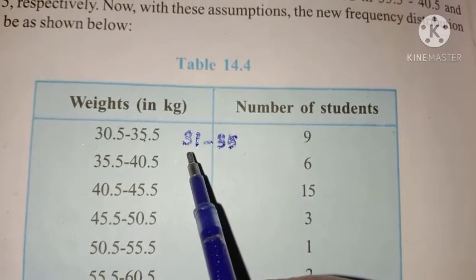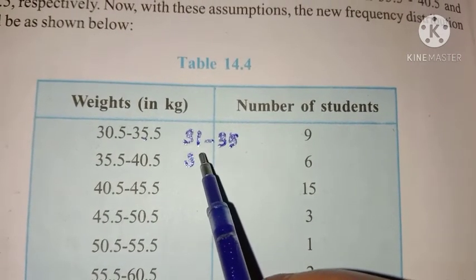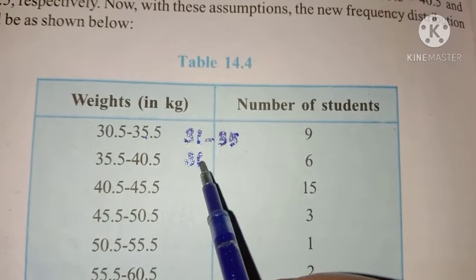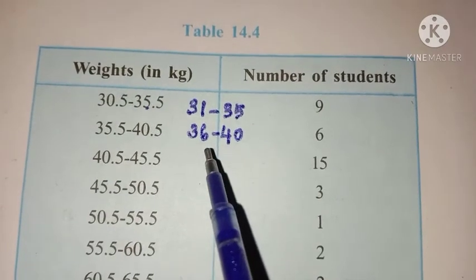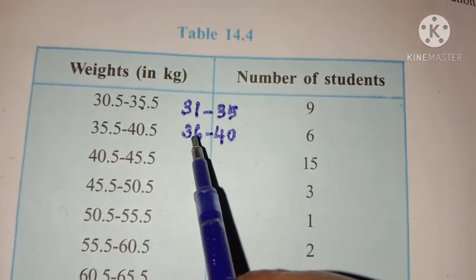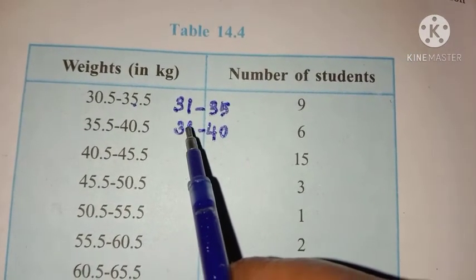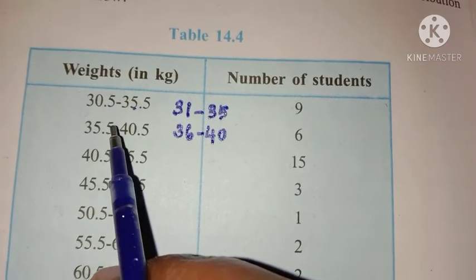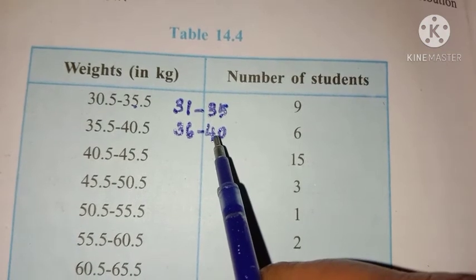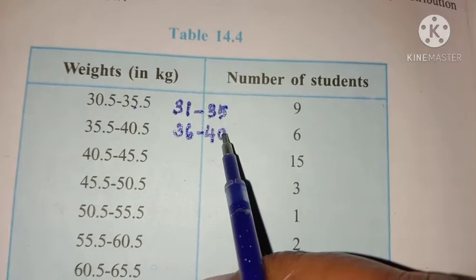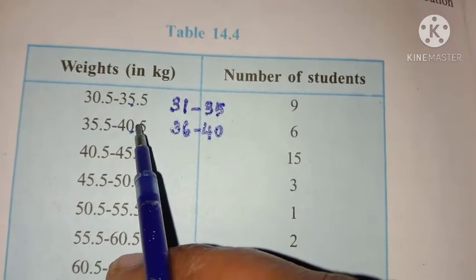The next class was 36 to 40. Subtracting 0.5 from the lower limit, 36 minus 0.5 is 35.5. Adding 0.5 to the upper limit, 40 plus 0.5 is 40.5.